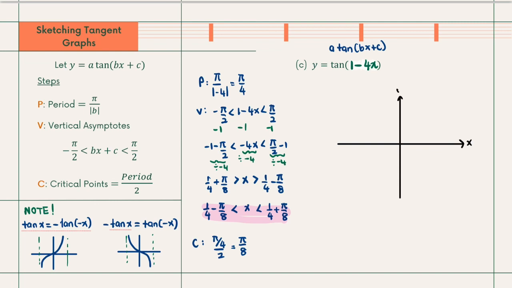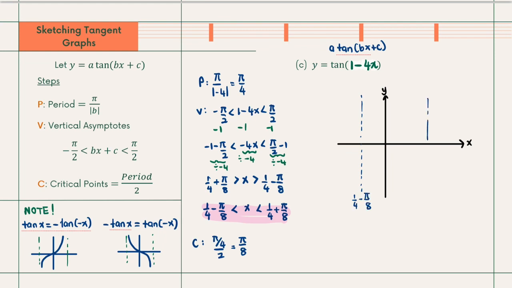Okay, now kita nak lukis dia. X ini adalah Y. Okay, sebelum itu ini kita letakkan ke sini sedikit. So, kat sini kita akan mulakan dengan vertical asymptote. So, ini adalah untuk 1 over 4 minus pi over 8.